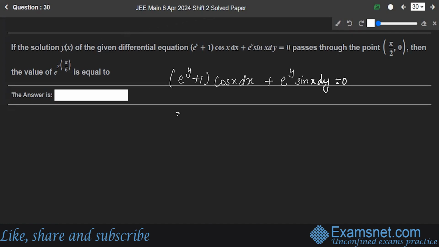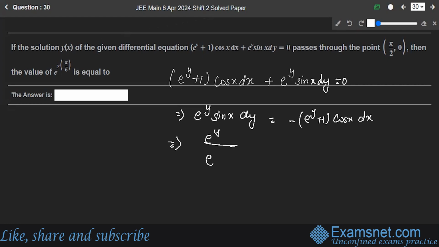That makes it e power y sin x dy is equal to minus this, right? Or you have e power y upon e power y plus 1 dy is equal to minus cot x dx. Let's integrate both the sides.